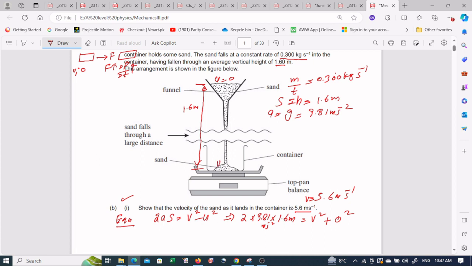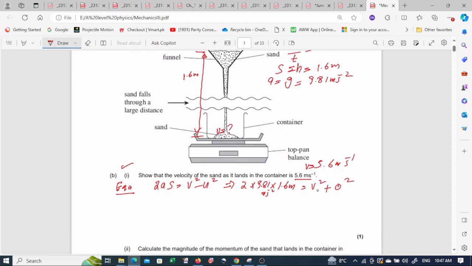At the end point we need to find the velocity. So v squared is equal to 2 into 9.81 into 1.6. We take the square root on both sides, and we get v equal to 5.60, so this is exactly 5.6 meters per second.